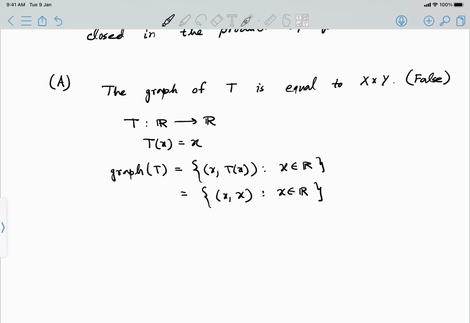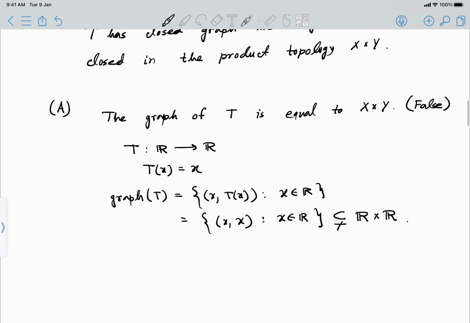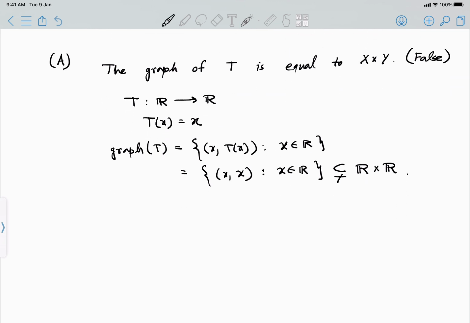So this is the diagonal of R cross R. So this is a strict proper subset of R cross R, so this is not equal to R cross R. So the first option is false. Graph of T is not equal to X cross Y.